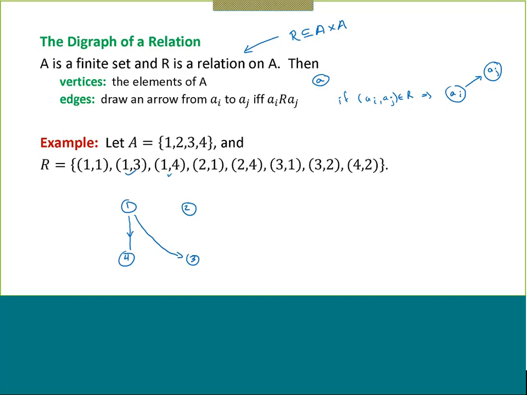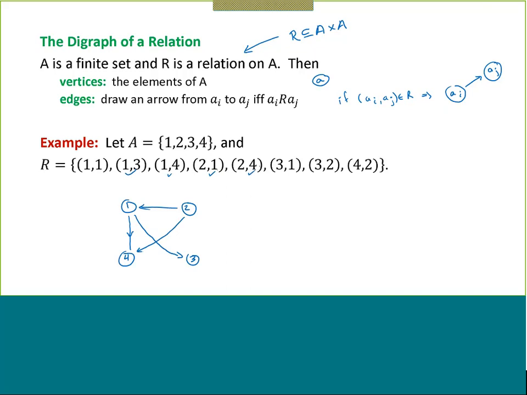Next we have 2, 1. So you start at 2, you end at 1. Now note something about reading these ordered pairs. I'm going to start reading and drawing at the exact same time, and notice what happens. The next ordered pair is 2 to 4. Notice when I drew it, it was 2, 2, 4.